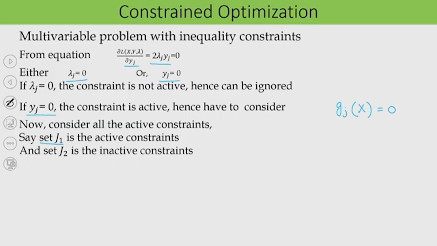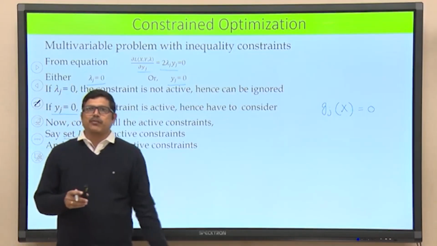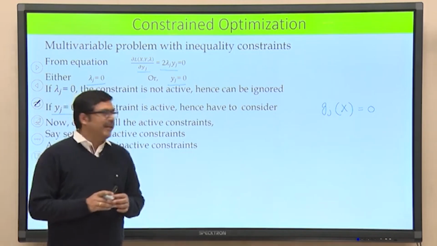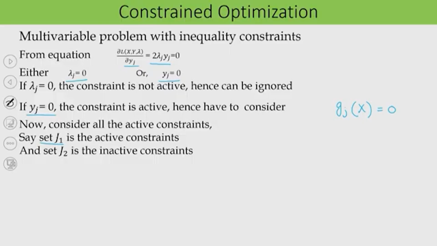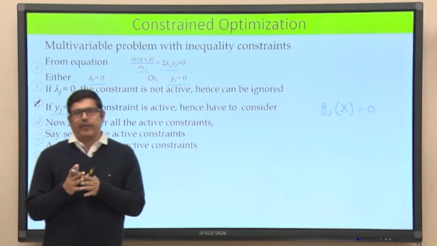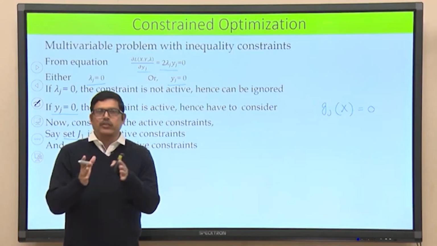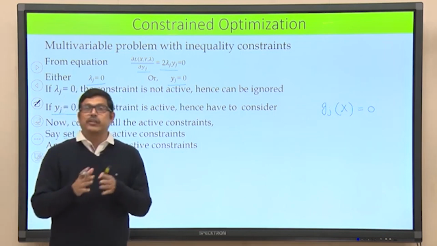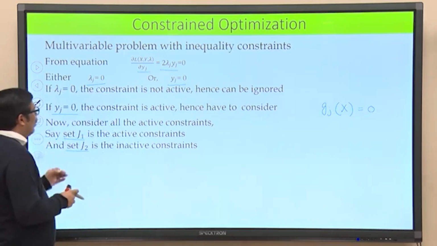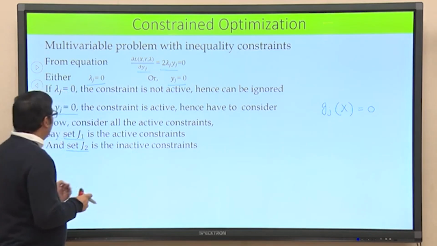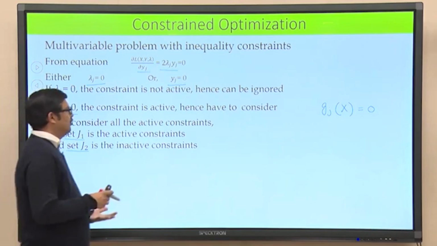We have a total of m constraints, and out of m, J1 is the set of active constraints and J2 is the set of inactive constraints. So, if I know which constraints are active and which are not, I am putting them in those sets: J1 is the set of active constraints, and J2 is the set of inactive constraints.